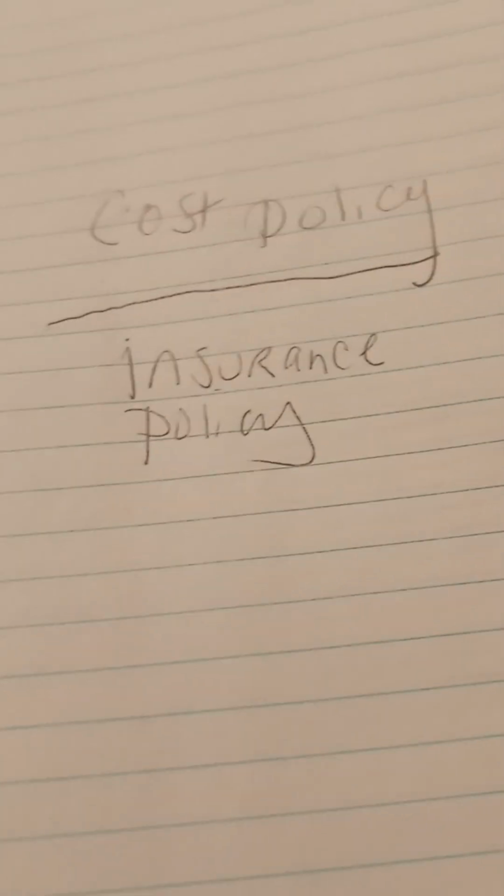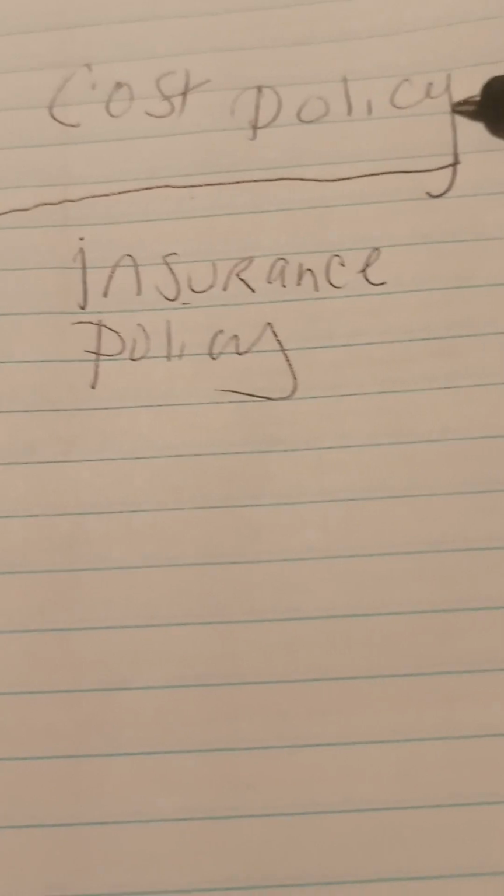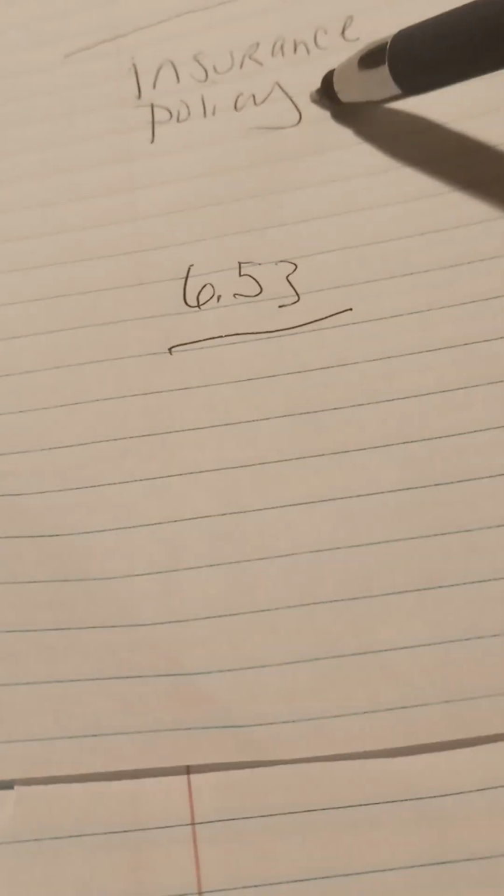I try to create a standard like I was sharing with you before. The cost of the policy, it told me, was $6.53 for $1,000 in that insurance policy.